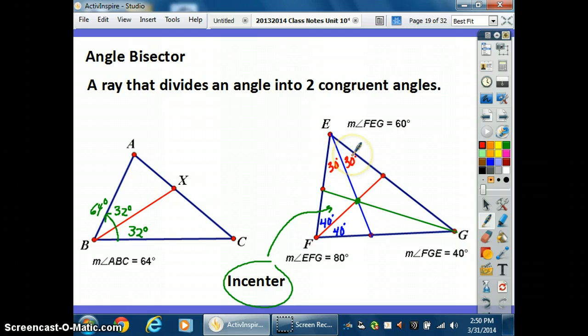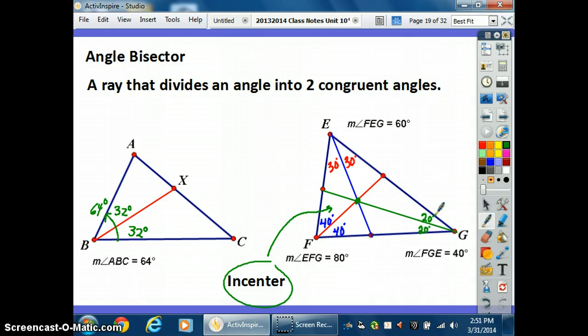Bisected it. And if this angle down here is 40 degrees, then FGE is 40, then this angle right here is 20, and so is this angle.